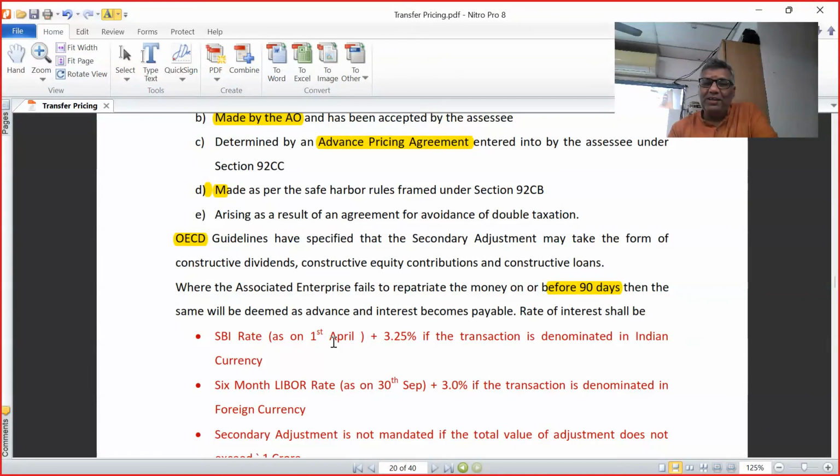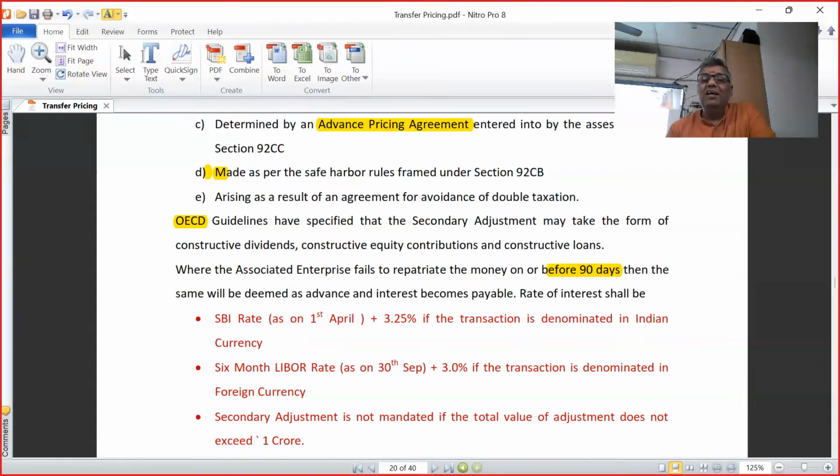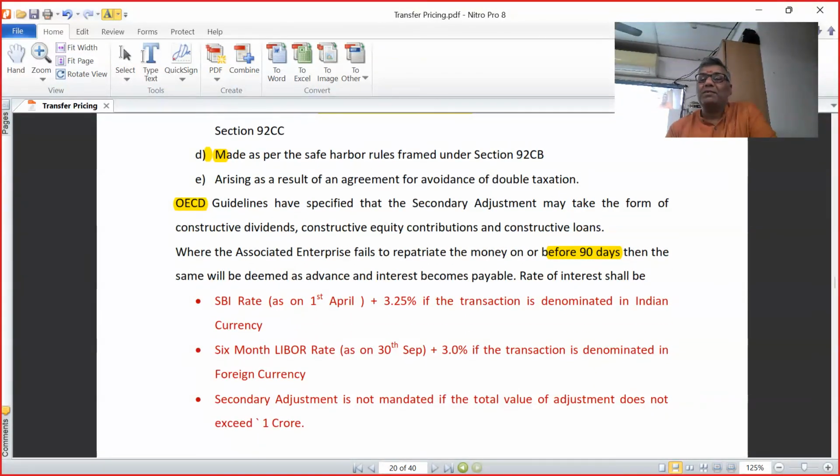Rate of interest: SBI rate plus 3.25% if it is Indian currency, LIBOR plus 3% if it is foreign currency. If the adjustment is up to 1 crore, leave it. Threshold limit 1 crore. It is not mandatory if it is just 1 crore.